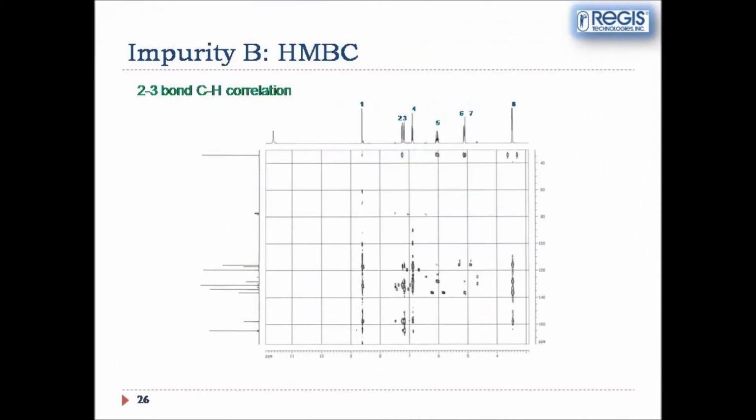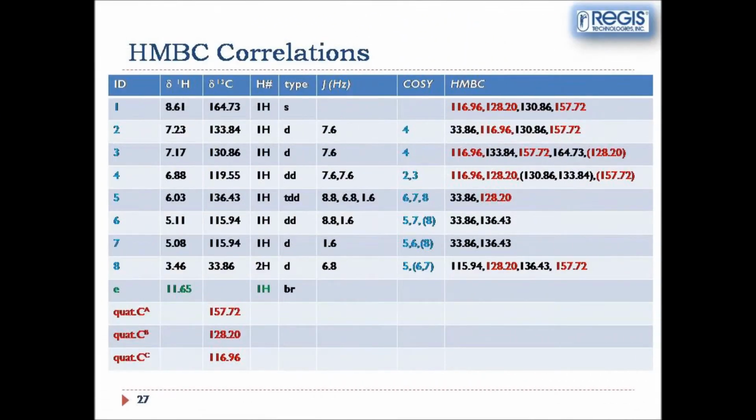Moving forward, we want to analyze long-range correlations and determine how we can connect those structures, how we can make our picture more complete. So from the HMBC spectrum, we put all correlations in the last column of the table, from where we can see what carbon correlates to what proton.